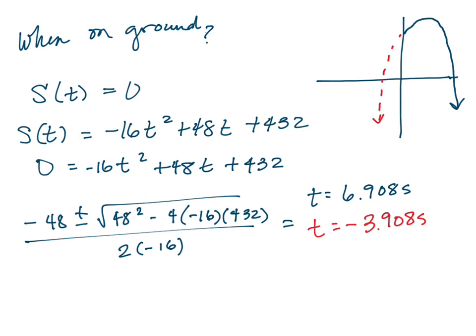How fast is it going when it hits the ground? Fast, she says. How do you find that? Say it louder. You use this time right here, and you go straight into your velocity function. Do the thing.